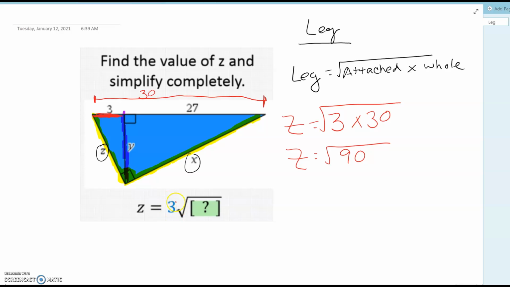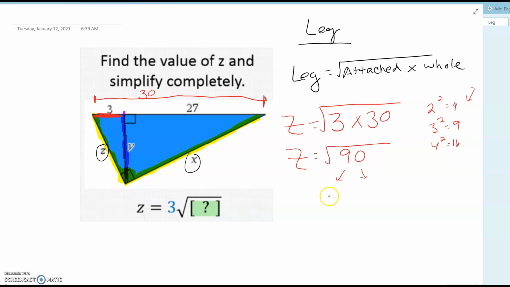Now to simplify that, looks like we have a 3 out here. You can simplify this with your perfect squares. So your perfect squares would be like, 2 squared equals 4, 3 squared equals 9, 4 squared equals 16, and so on. These over here are called your perfect squares on the right side because you can take the square root of them and get a whole number.